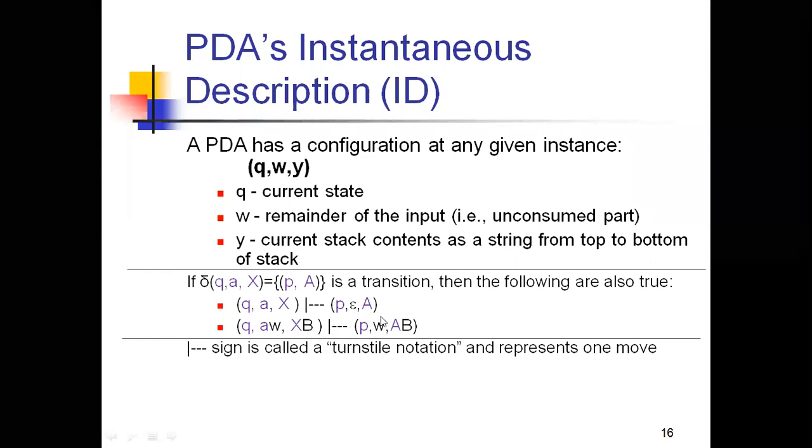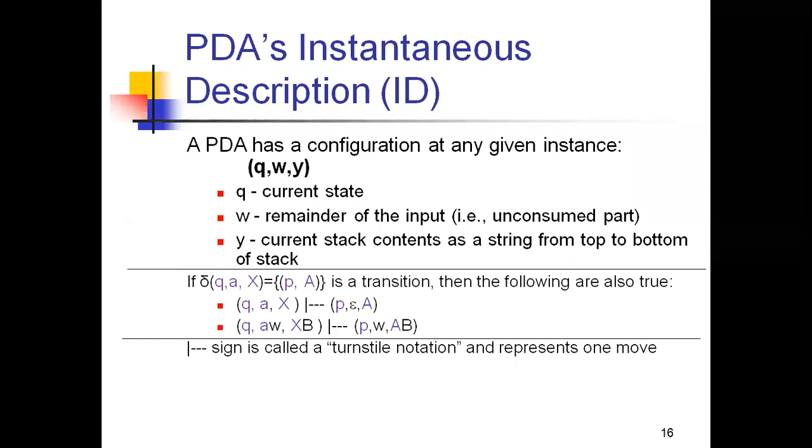So these are the two most important rules, and here we're having a sign. That sign is called turnstile notation. What it means is it represents one move. If you perform any moves, by showing with that sign we can represent the moves.